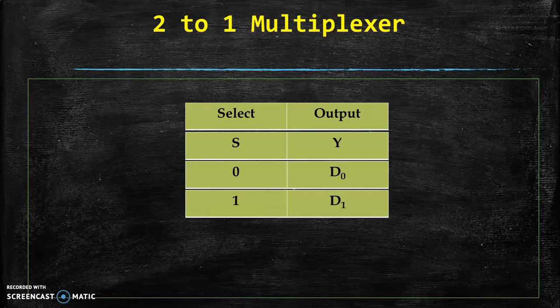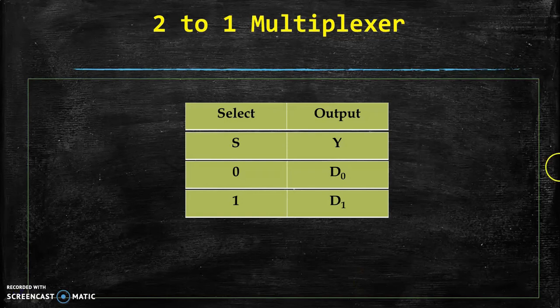And when we select S is equal to 1, the output Y is D1. Now in both conditions we are getting a certain output, so when we prepare a Boolean function based on this truth table, we have to consider both conditions.